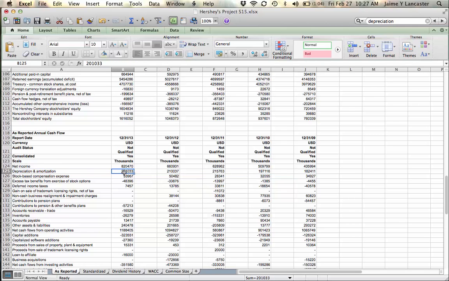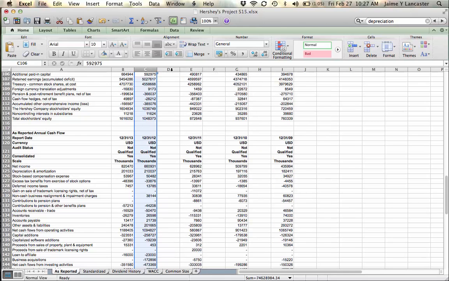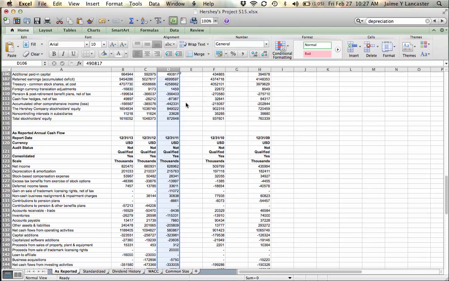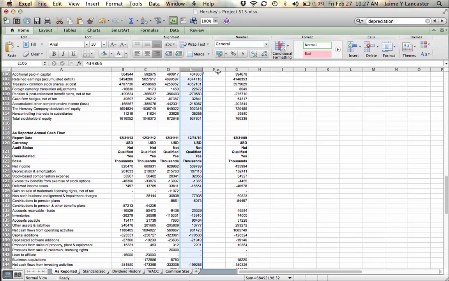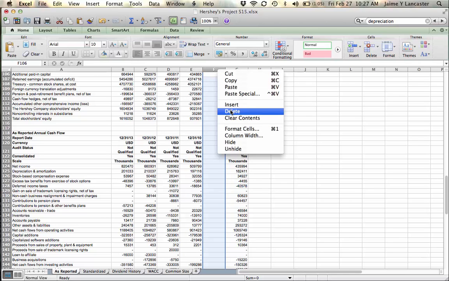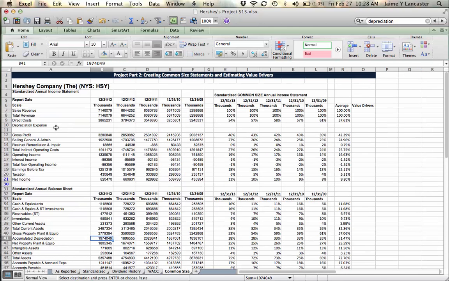I can't just copy that whole row because these are deleted. These aren't actually, it's not really important to delete these columns, but if you delete those columns, it'll be easier to grab your depreciation and amortization. I can copy it, take it back here. There we go. Now we have a depreciation and amortization expense.